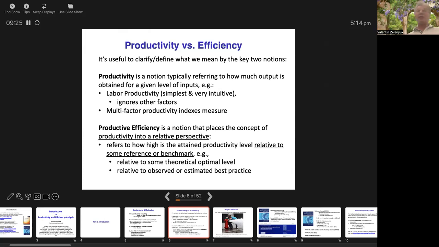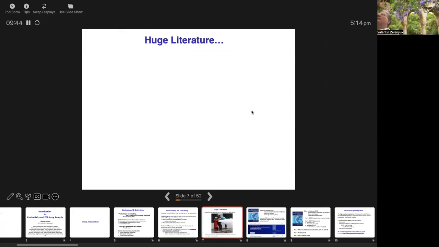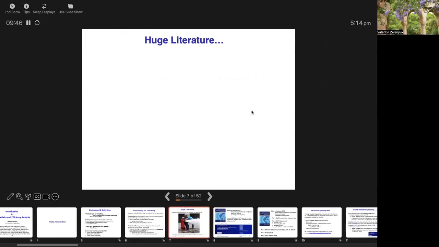We can have estimates of that. And sometimes those estimates are based on the observed best practice, on what we see other firms, other decision making units are producing, and we can find the best and relate to that best. That's what we call relative to best practice.